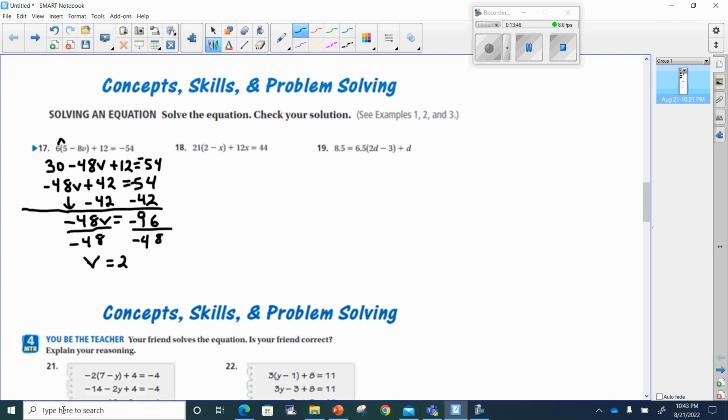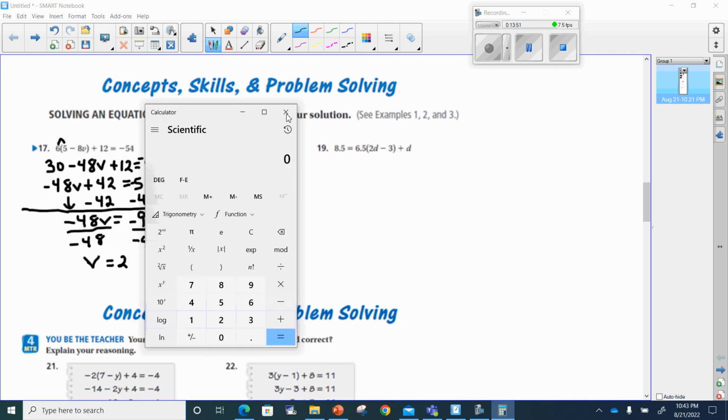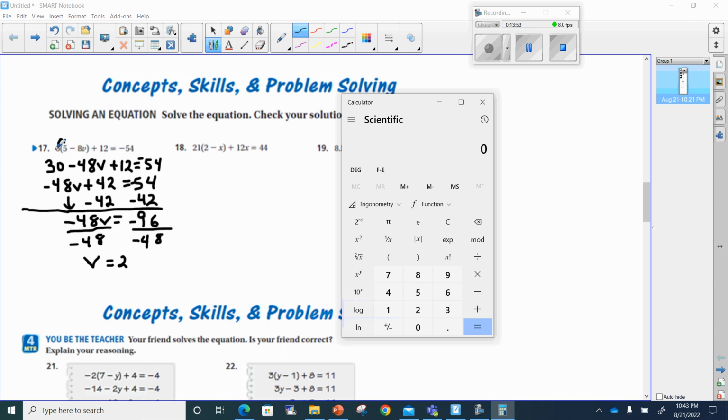So I'm going to get the calculator out and actually do that for this problem. When I do that, I can see that I would have 6 times 5, which is 30, minus 48v, and v is 2, right? So we're talking 30, and we're going to have a negative 96, because I'm going to be taking the 48 times 2.